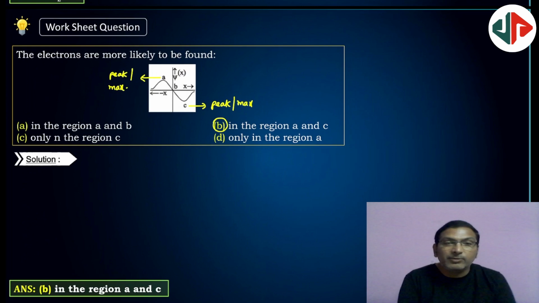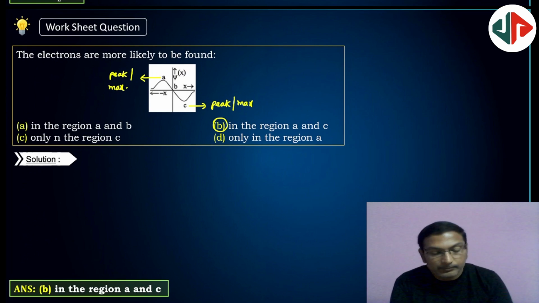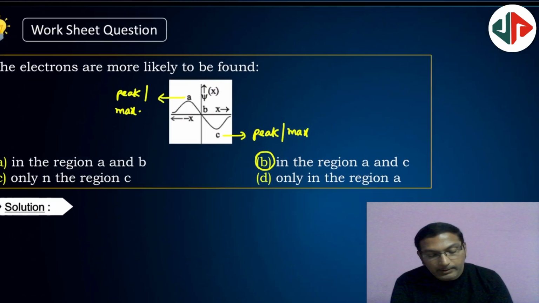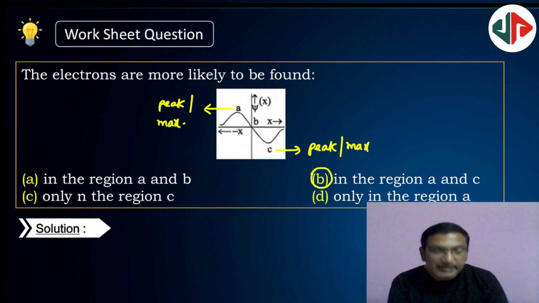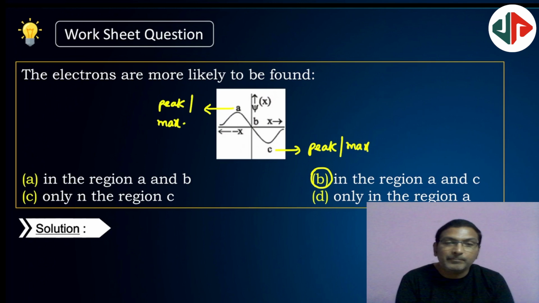So observe the graph. At A and C, there is maximum probability of finding the electron. So what about B? B is the node or nucleus, we can say. The probability of finding the electron is 0. At A and C, there is maximum probability of finding the electron.